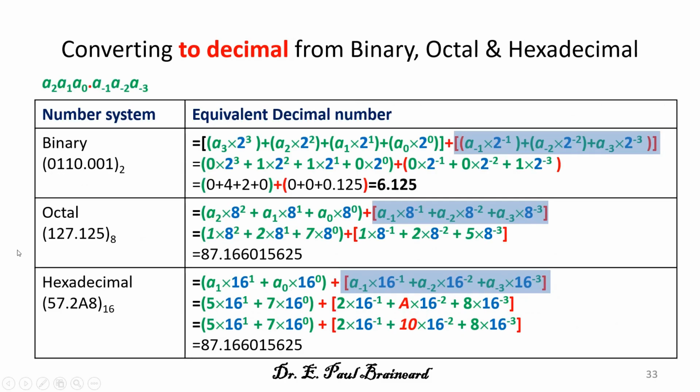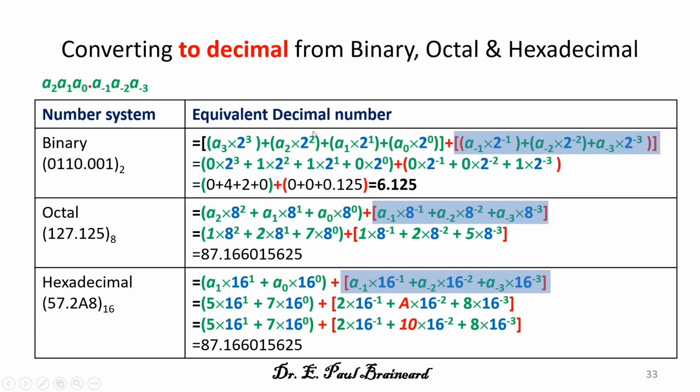So the binary numbers have integer parts and fractional parts. The fractional parts are shaded. For example, let's convert the binary number 0110.001 to decimal number system.